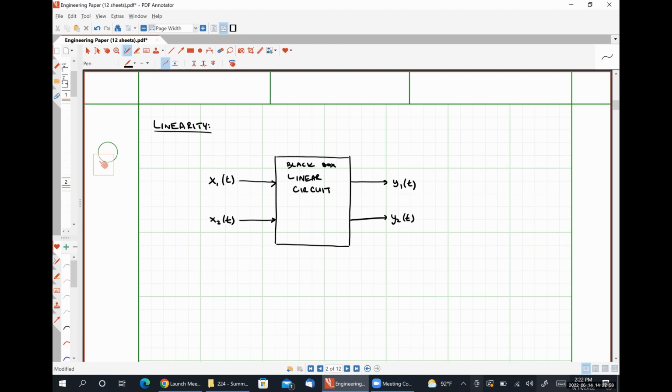My system acts on the input signals to generate the output signals. And the way that that is described is with a transfer function, H of x.